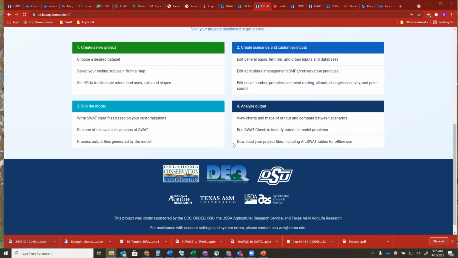I know PFAS is a hot subject now, and there are people using SWAT for PFAS simulation, modifying the pesticide properties to mimic something like PFAS. Yes, absolutely. Great. Thanks, Srini.